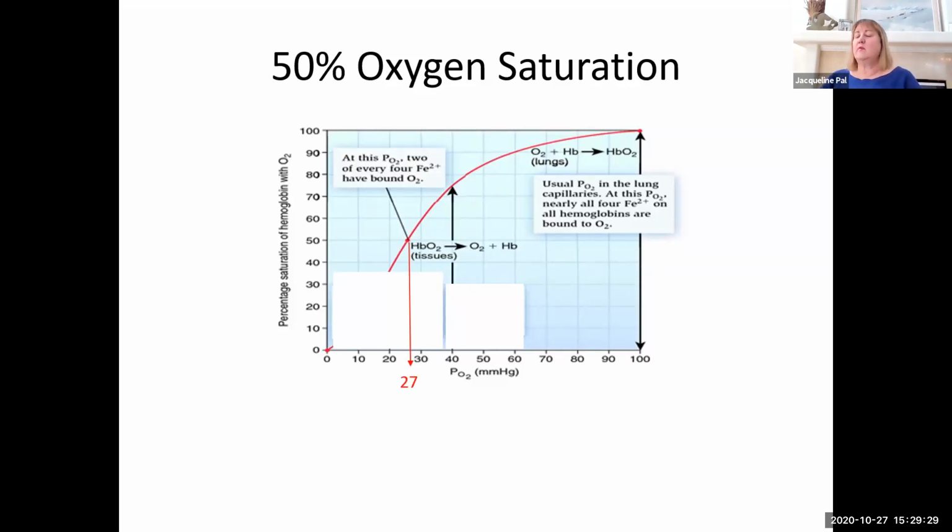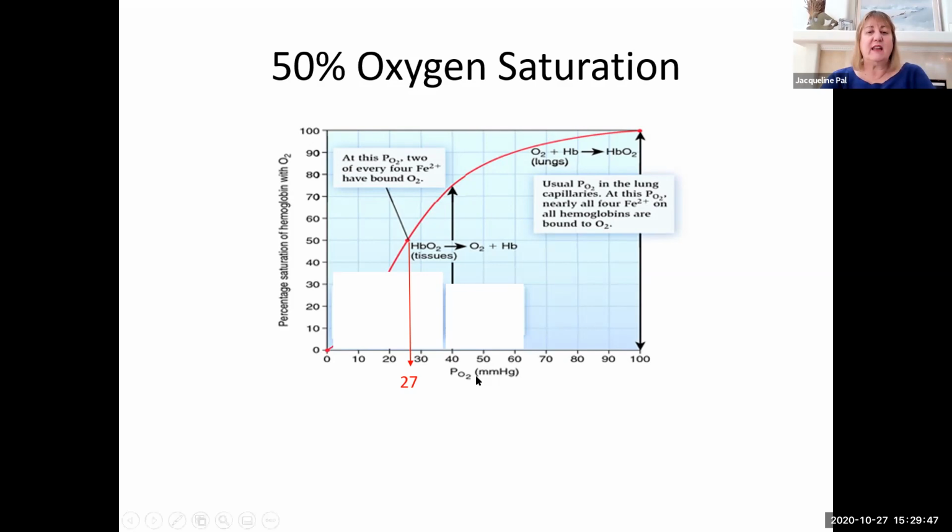The next thing I want to point out is, where does the 50% oxygen saturation occur? If we go down on the y-axis to the 50 point, it's right here, meaning at this point, half of the hemoglobins will be bound to oxygen.